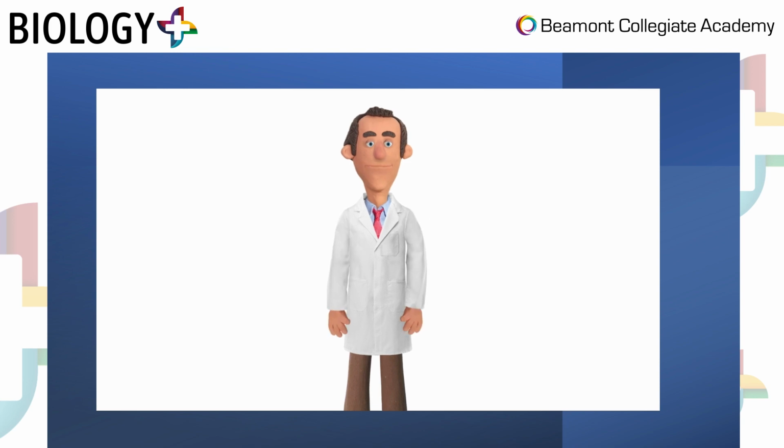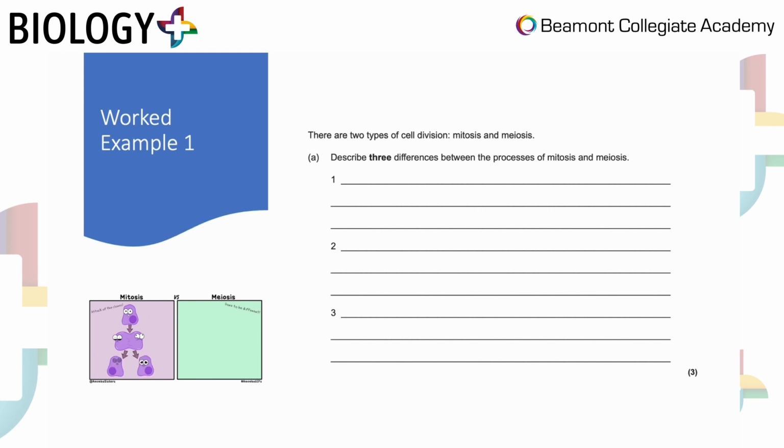Time for a question? Worked example 1. There are two types of cell division, mitosis and meiosis. Describe three differences between the processes of mitosis and meiosis. I would go straight back to the graphic, which is shown in the bottom left for this question. And I would be saying that to start with, mitosis produces two daughter cells.